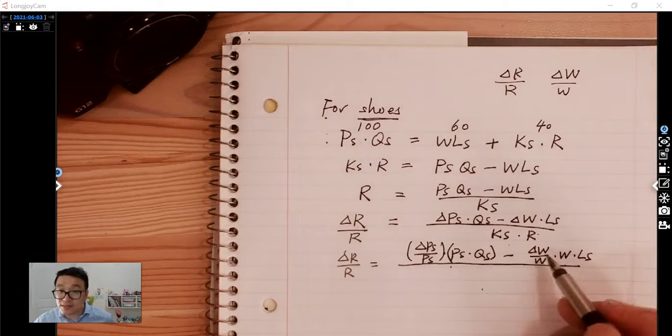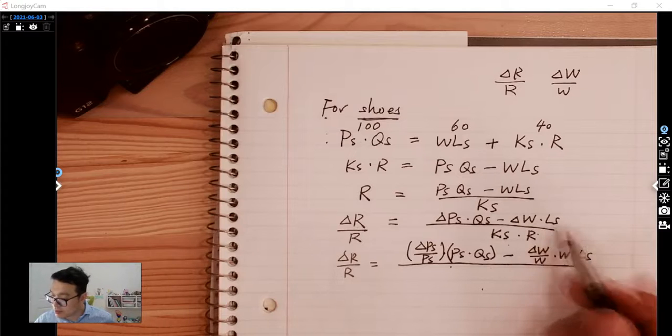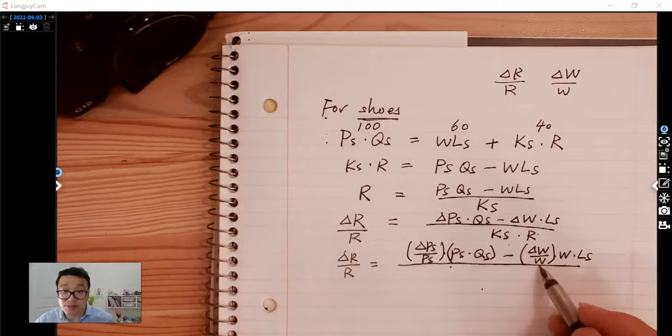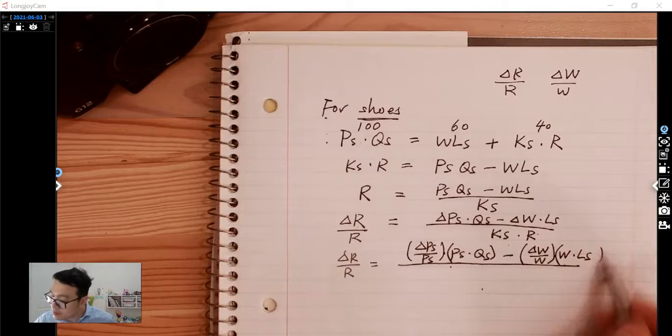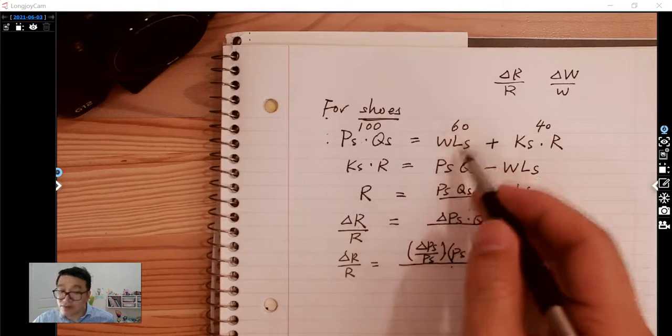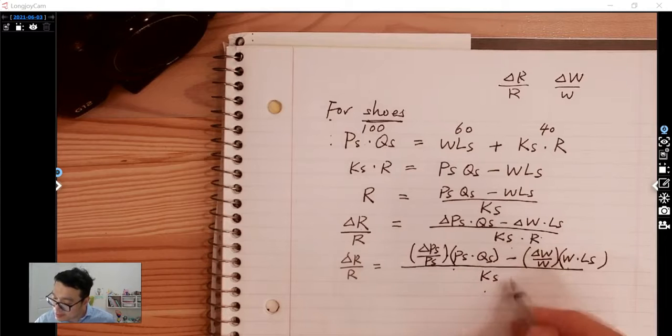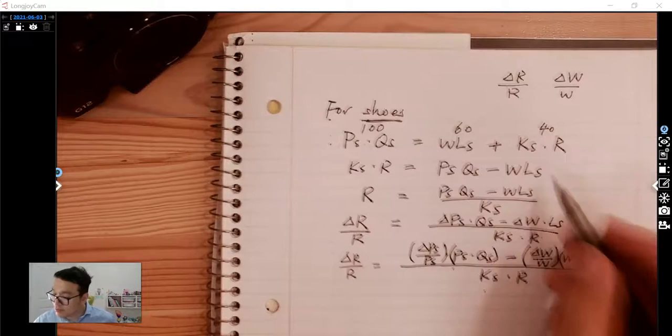So in this case, we expand the delta W times LS into these four terms because delta W over W is something we are looking for, and W times LS is the given information, 60, and the denominator is KS times R, which is 40 right here.